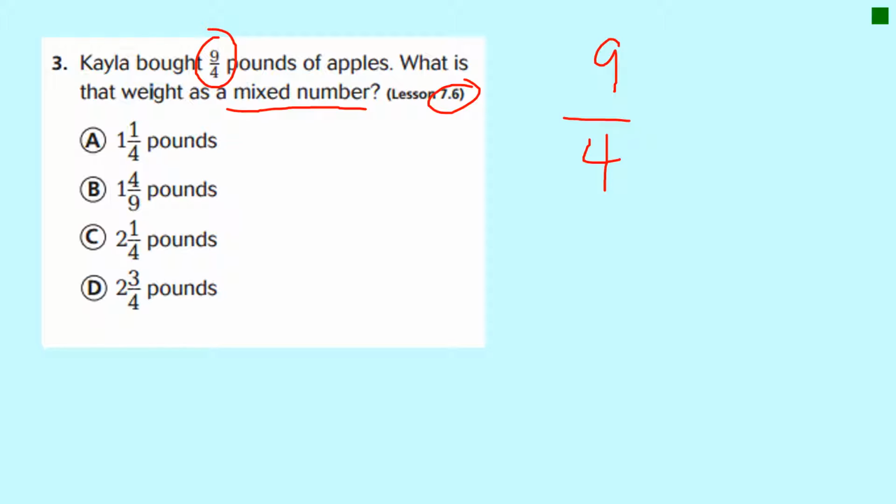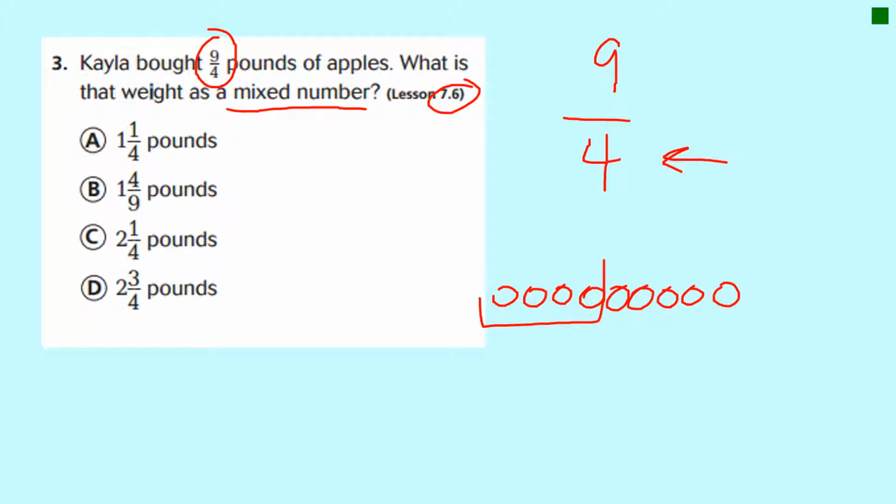All right, 9/4 means that you have 9 pieces, and every 4 pieces makes one whole thing. That's the job of the denominator. How many do you need to make one whole thing? All right, so let's take these 9 pieces. 1, 2, 3, 4, 5, 6, 7, 8, 9.